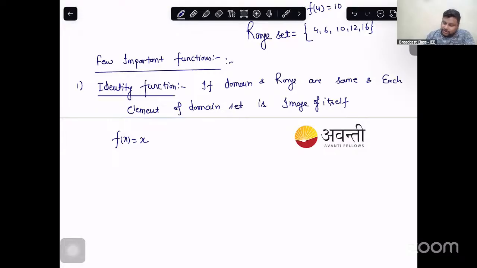So this is what we call the identity function. The graph of this function is like this. Got it?